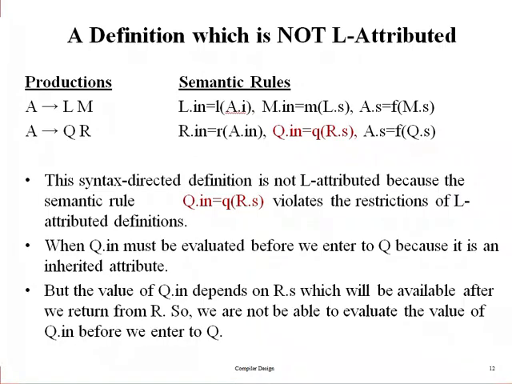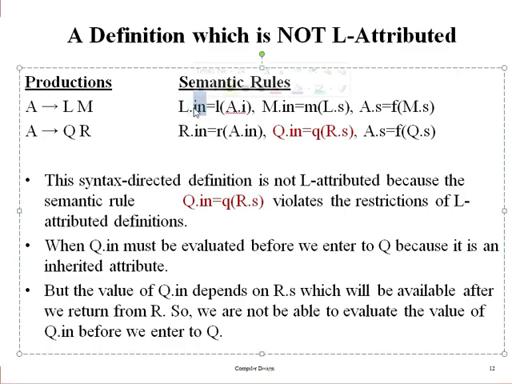As you can see in the semantic rules of the attributed grammar, L is attached with an attribute in, and there is a function that takes as a parameter the attribute value of A, which is the value of attribute i.